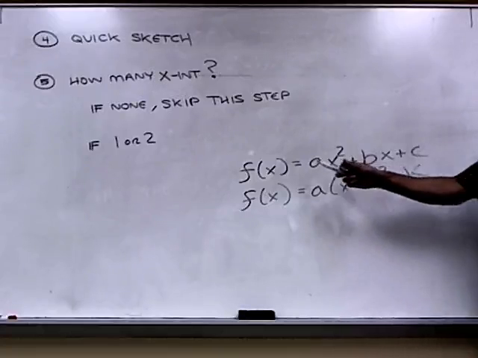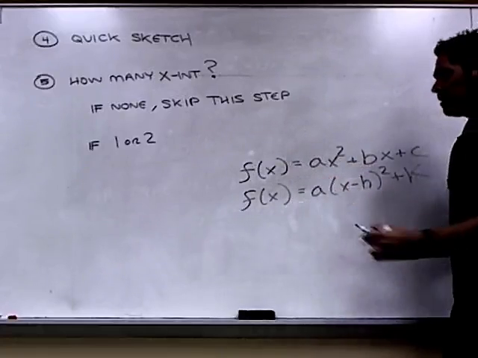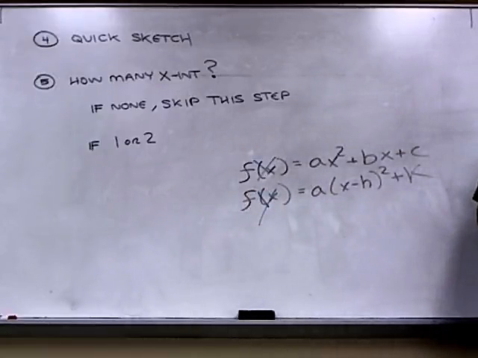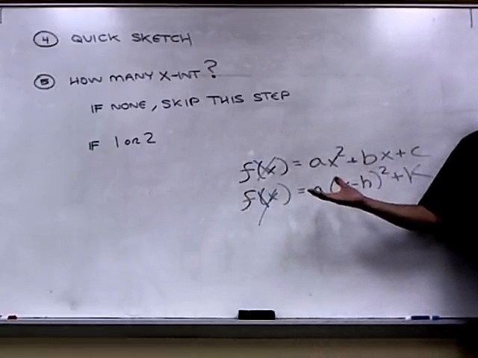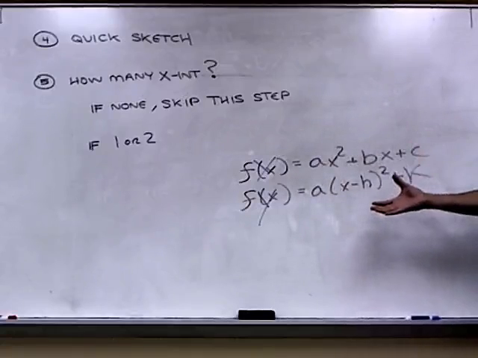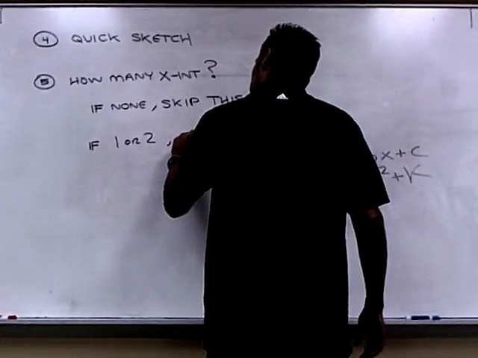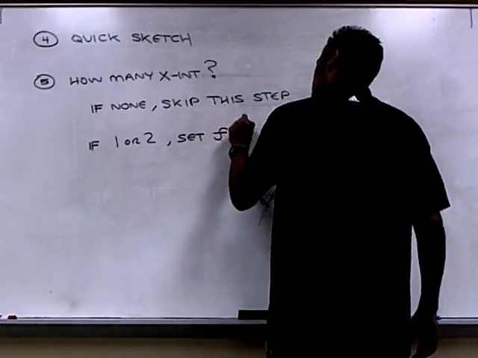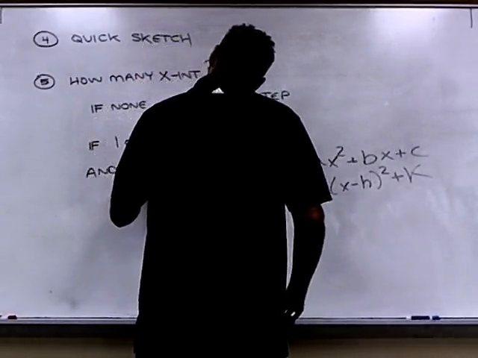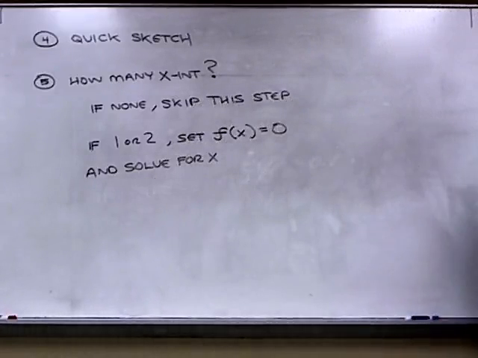That f of x, didn't that used to be the y and we just called the y f of x instead? So instead of saying we're going to set y to 0, we're actually going to say set the entire function to 0. So if we have 1 or 2 x-intercepts, we will set the function equal to 0 and solve for x. That step is going to be a little bit difficult sometimes.